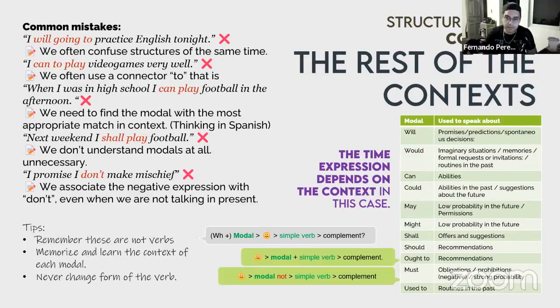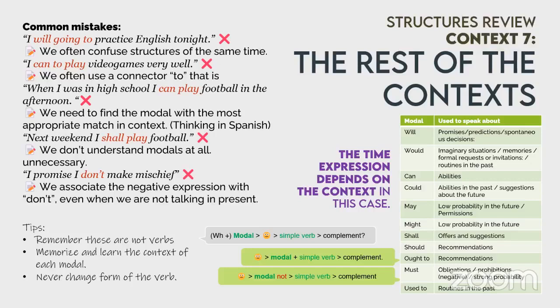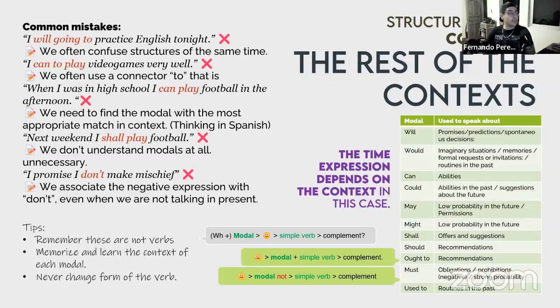And if you want to speak about formal invitations, may? Would. Oh surprise, it's would too. Yes, formal invitations. Would you like to have dinner this Valentine's Day with me? Guys, practice. Would you like to have dinner on Valentine's Day?